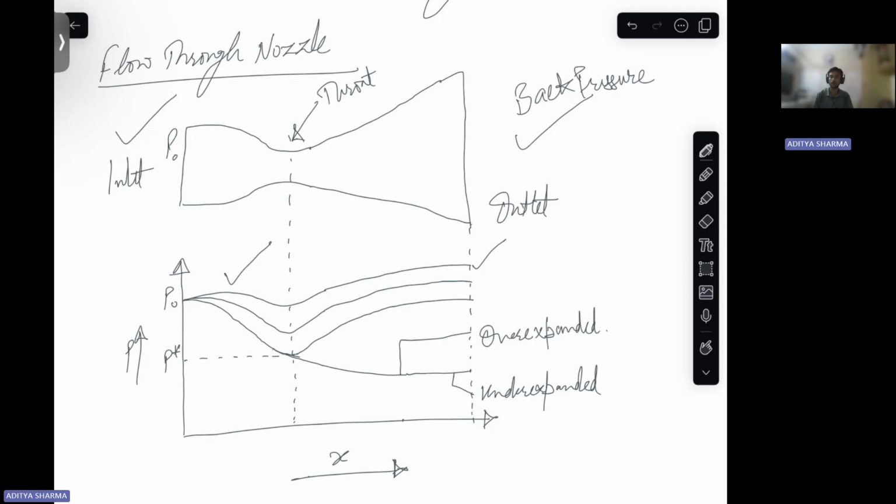It means your flow is accelerating, right? And beyond the throat is pressure increasing, which means your flow is decelerating.